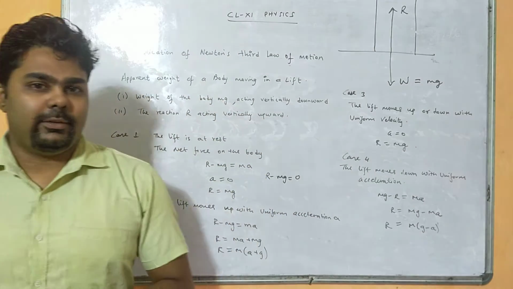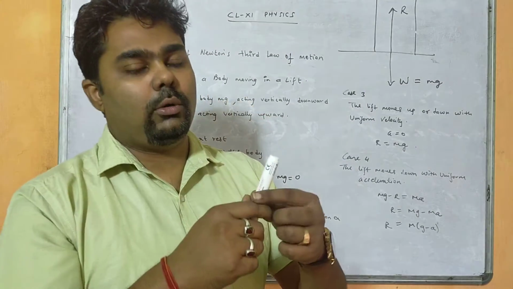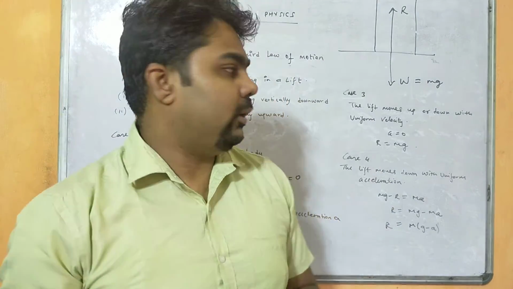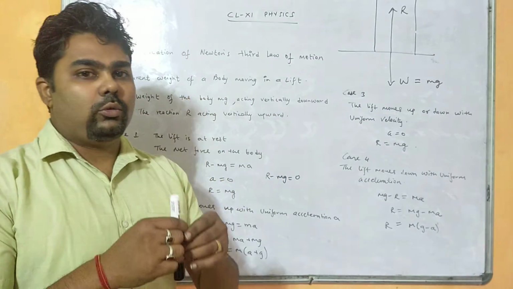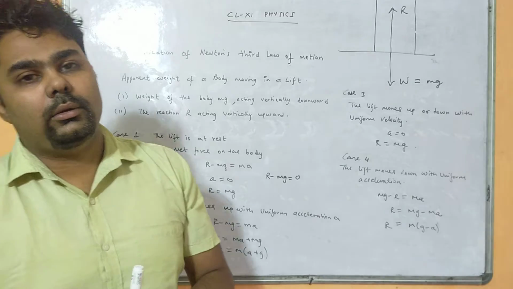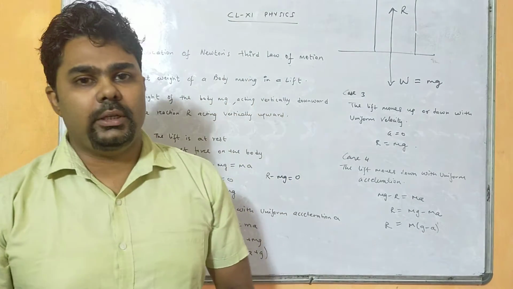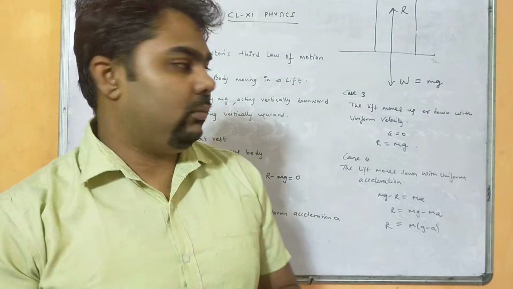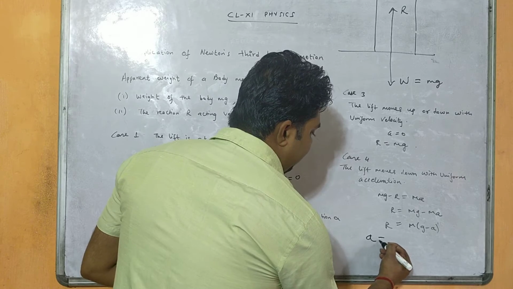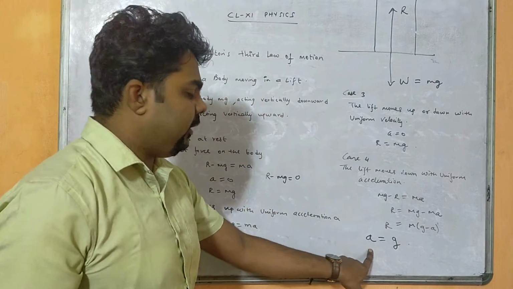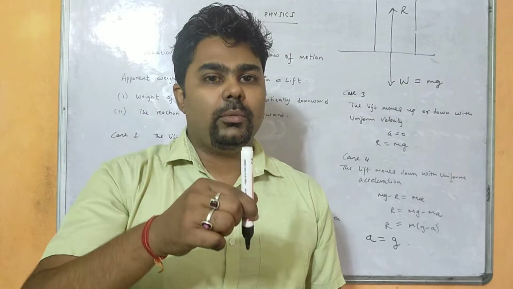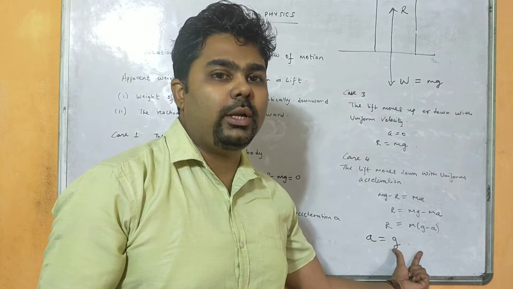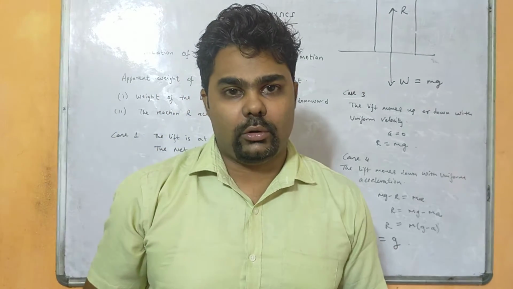Now there can be a special case. Suppose your lift is coming down, and on its way the cable of the lift breaks. If it gets broken, then what will be the reaction force? When an object is falling freely under the action of gravity, its acceleration becomes the acceleration due to gravity, that is a becomes equal to g.